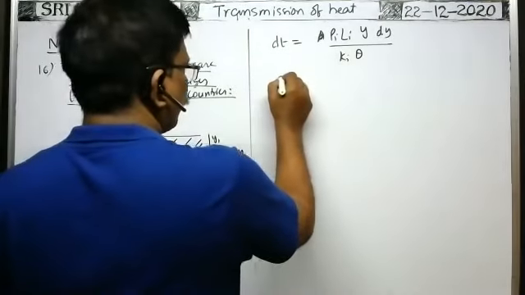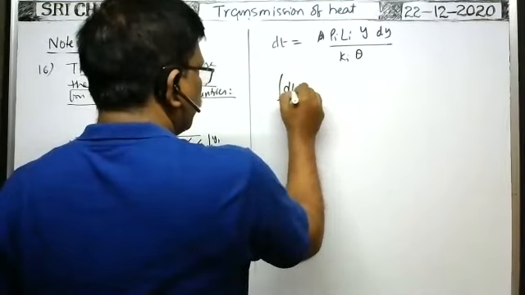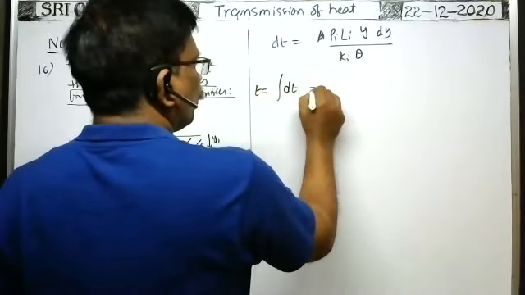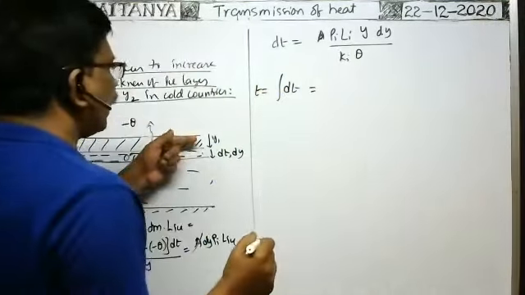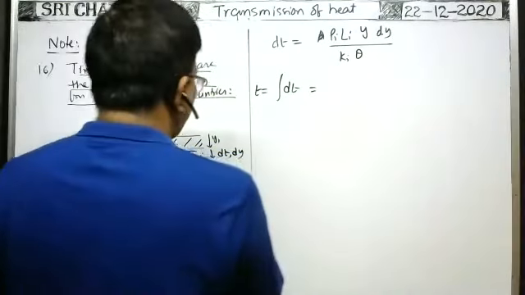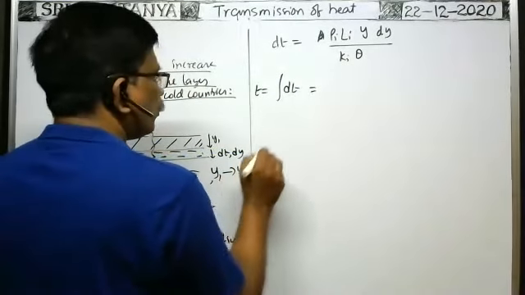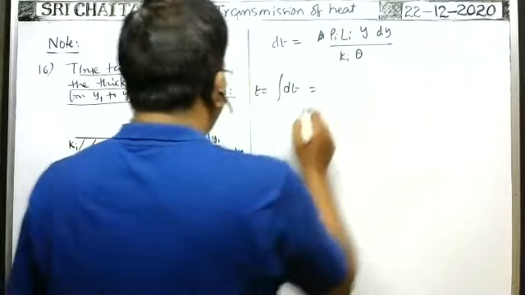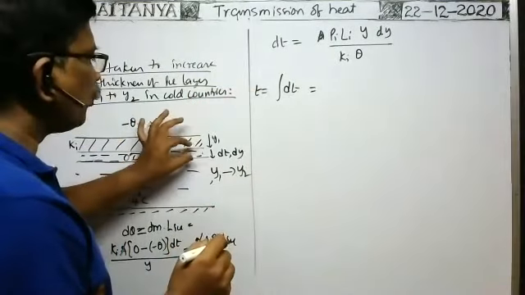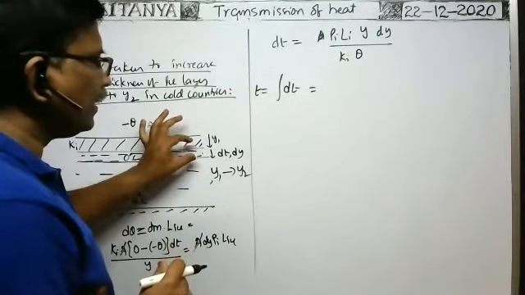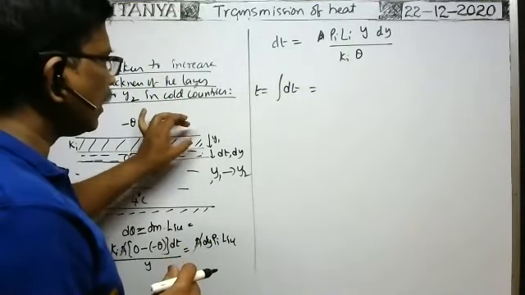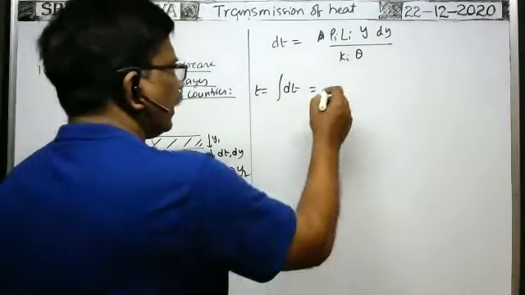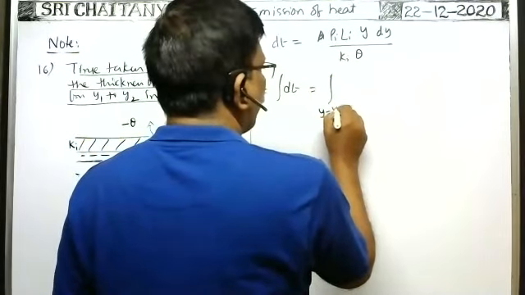Total time taken to increase the thickness of the ice layer from y1 to y2. To increase the thickness of the ice layer from y1 to y2, what is the total time taken? dt is the time taken to form the ice layer of thickness dy. So it is the integral from y1 to y2.